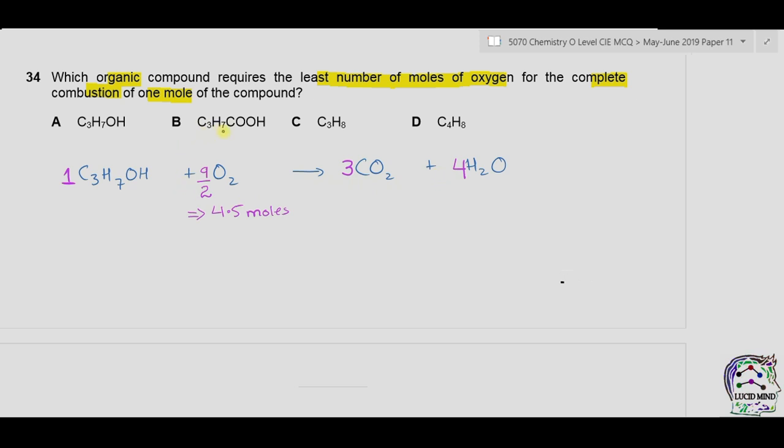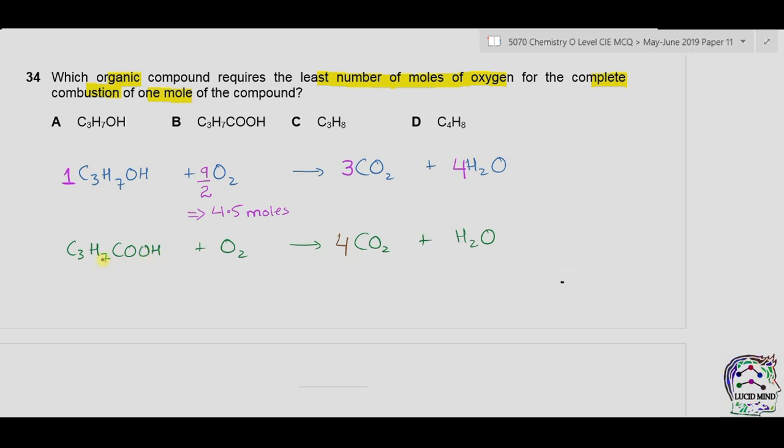Now doing it for B, we have C3H7COOH plus oxygen. It forms CO2 and H2O. First, balancing the number of carbon atoms, we have 4 carbon atoms present, so we can write 4 with CO2.